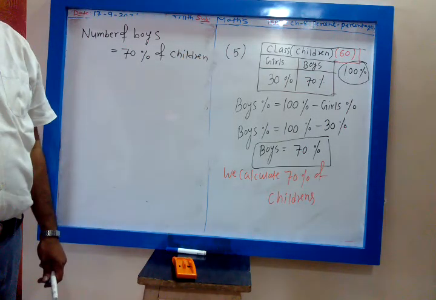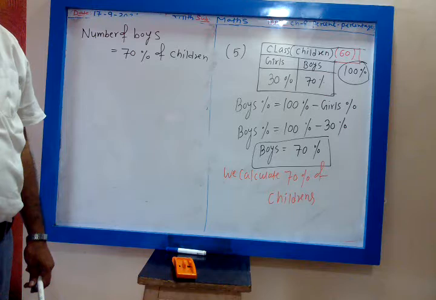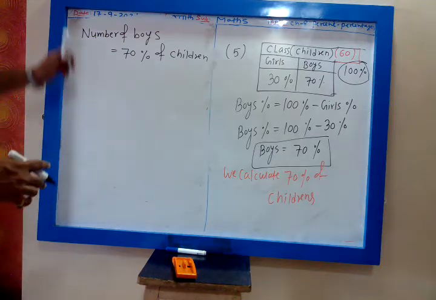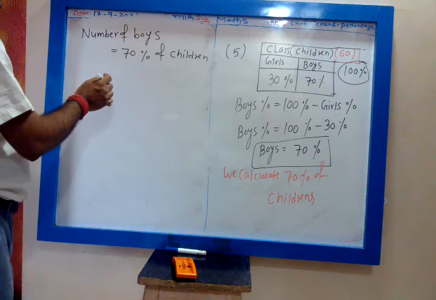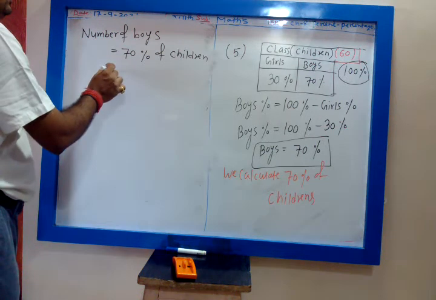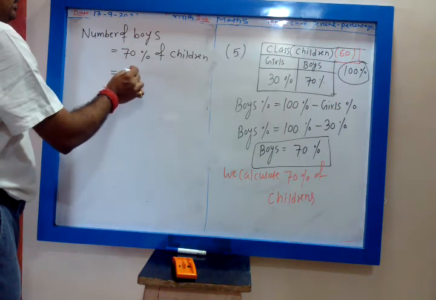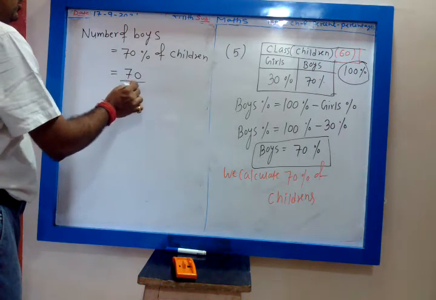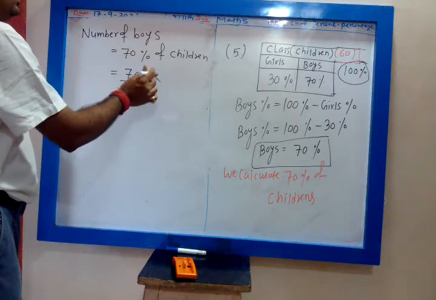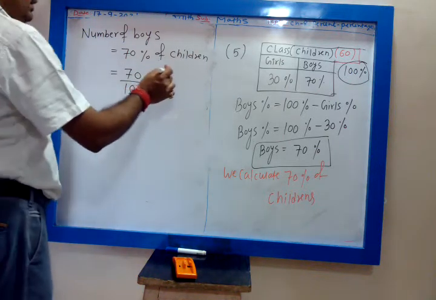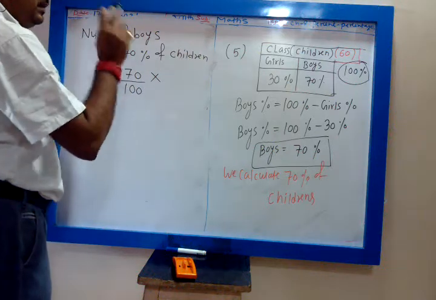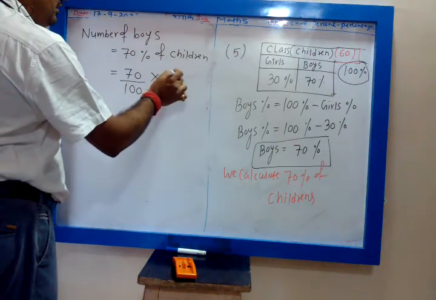Number of boys is equal to 70% of children. Now you tell me, 70% means, what is my 70%? 70 upon 100. Then of means multiplication. How many children are there? 60, not 60%. 60 children are there.